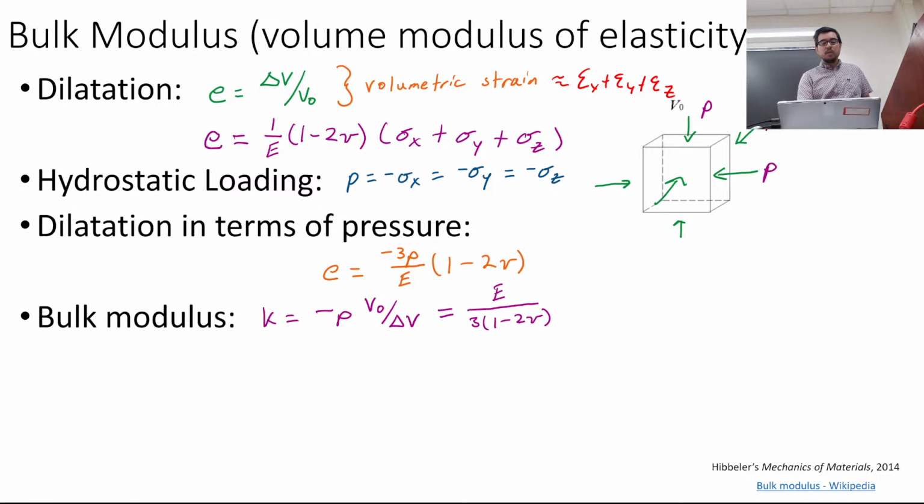It's K, which is a little confusing considering that we've been using K for our spring constants, but K is a commonly used variable for the bulk modulus. If we know K and we know the pressure being applied, we can figure out the volumetric strain, or the dilatation.